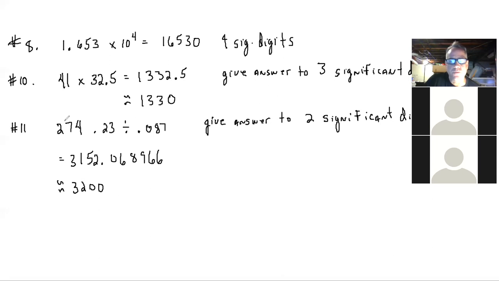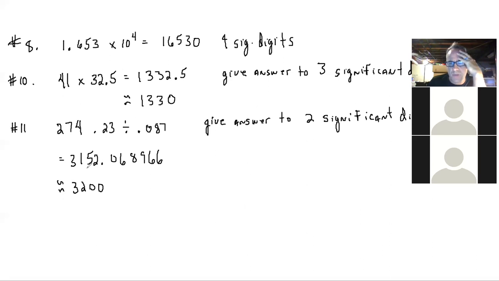Give me a second. Okay, well, so I mean, if we're asked to give the answer to two significant digits, then in my answer there can only be two significant digits.